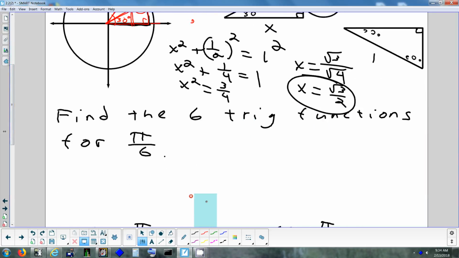All right, so let's find the 6 trig functions for pi over 6. Tanner, what's pi over 6? That's using what kind of units? Radians. And if we change that to degrees, what would pi over 6 be? 30. So all I'm asking you for is the 6 trig functions for 30 degrees.